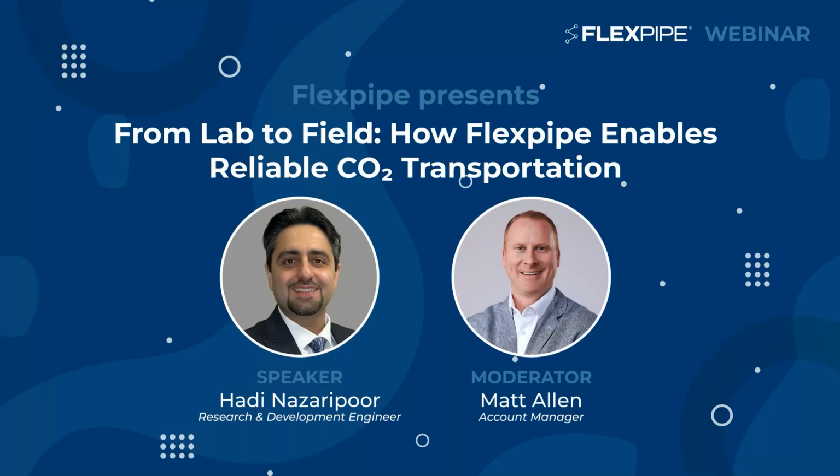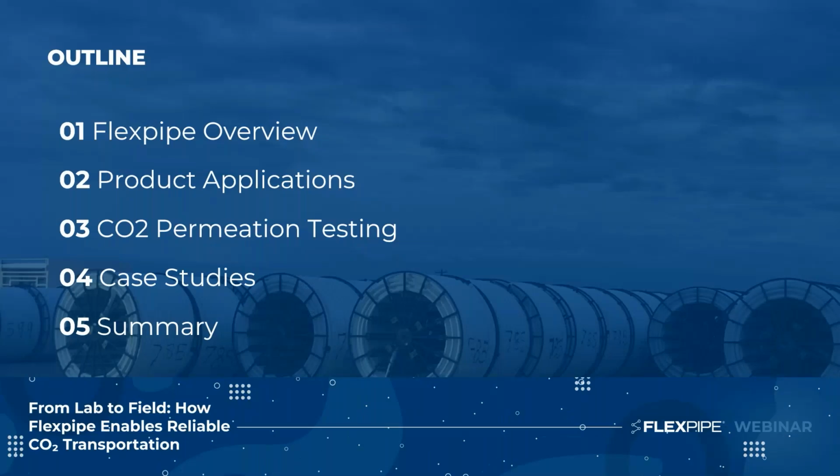Hello, everyone. Let me walk you through what we will cover today. First, I'll provide a brief overview of Flexpipe, introducing its core features and capabilities. Next, we will explore how Flexpipe products are applied in different phases of CO₂, highlighting their versatility and performance across various operating conditions.